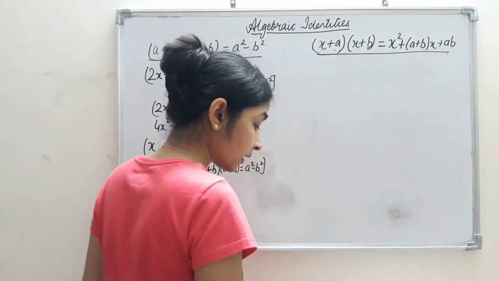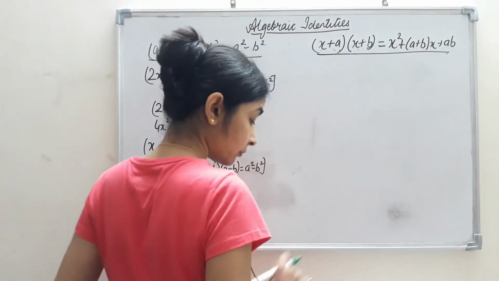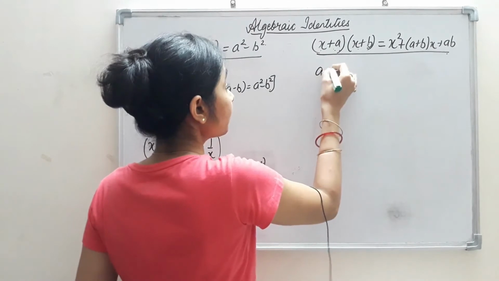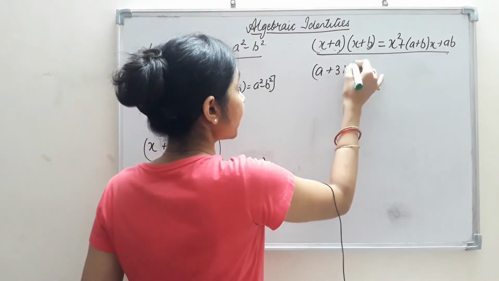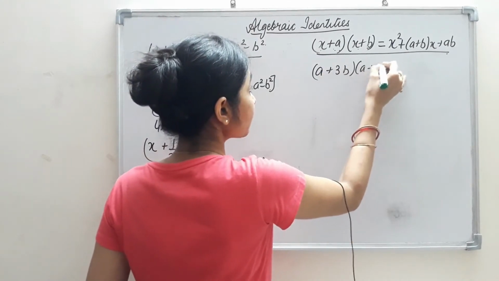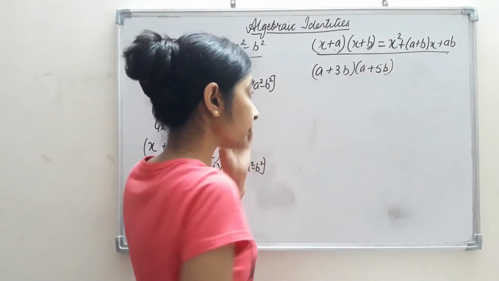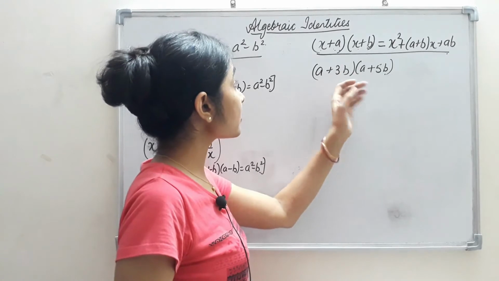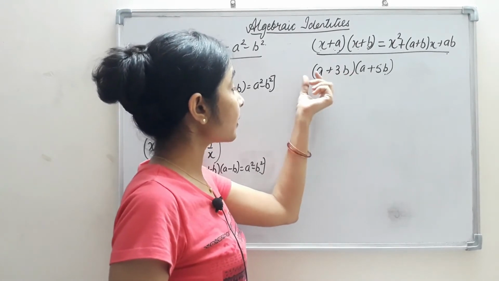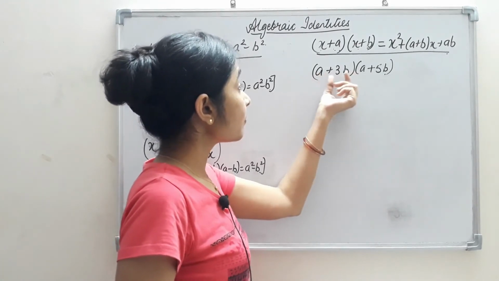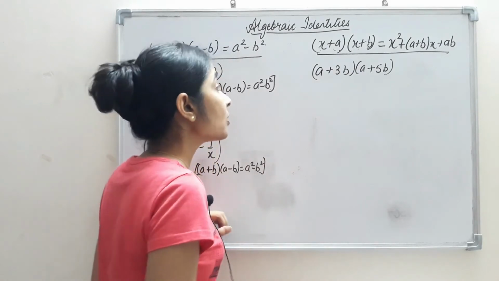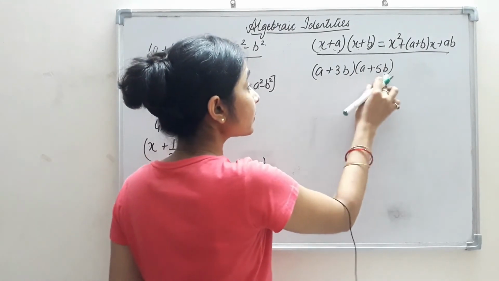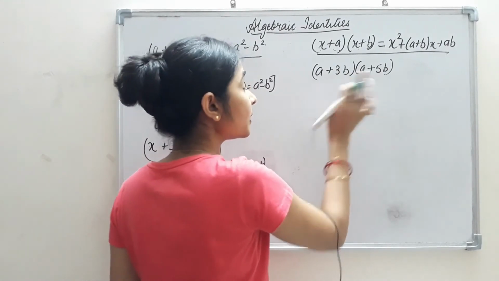Here we have (a plus 3b) multiplied by (a plus 5b). The first term is the same but the second term is different. So a is same here but at the other place we have 3b and 5b.